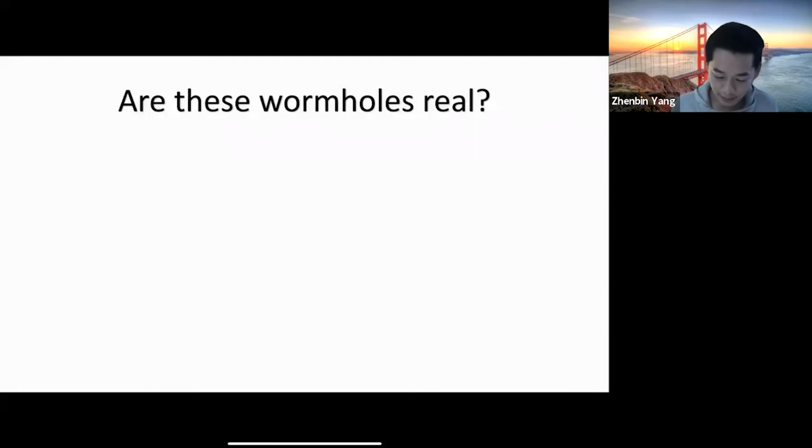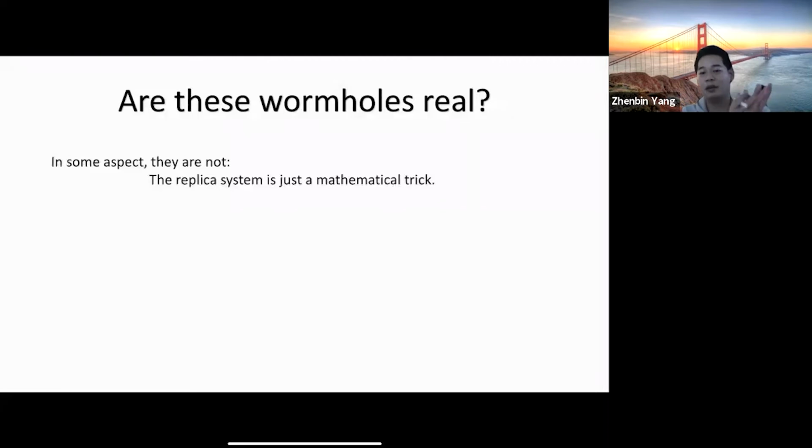Okay, if not, then let me discuss this question. When we're talking about the Page curve and about state reconstruction, we use those wormholes to do calculations. But are those wormholes real? In some aspects they are not real, since this replica system is like a mathematical trick. We first take the n-th power and then take the limit of n goes to 1 or n goes to -1.